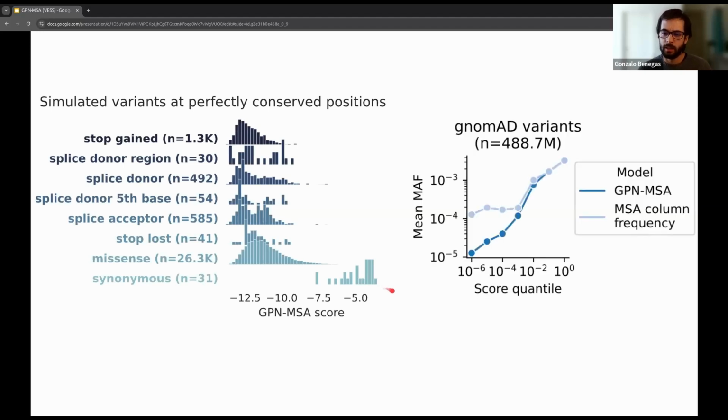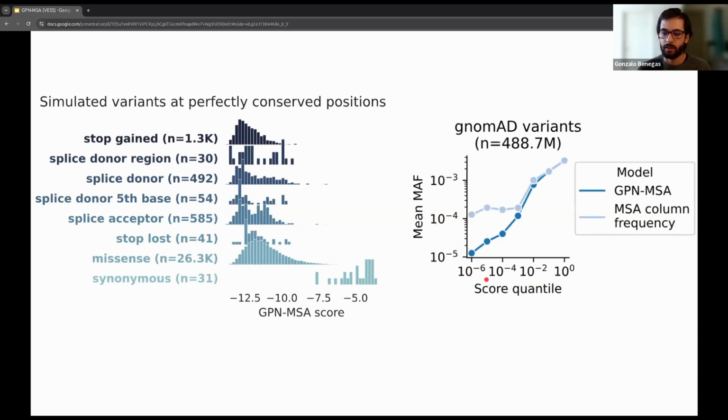Similarly, if we compare the scores, again using this kind of log likelihood ratio, using either GPN-MSA or the column frequencies, which are basically the empirical frequency in the MSA column used to compute the log odds ratio, we see that GPN-MSA has a steeper relationship with mean minor allele frequency.